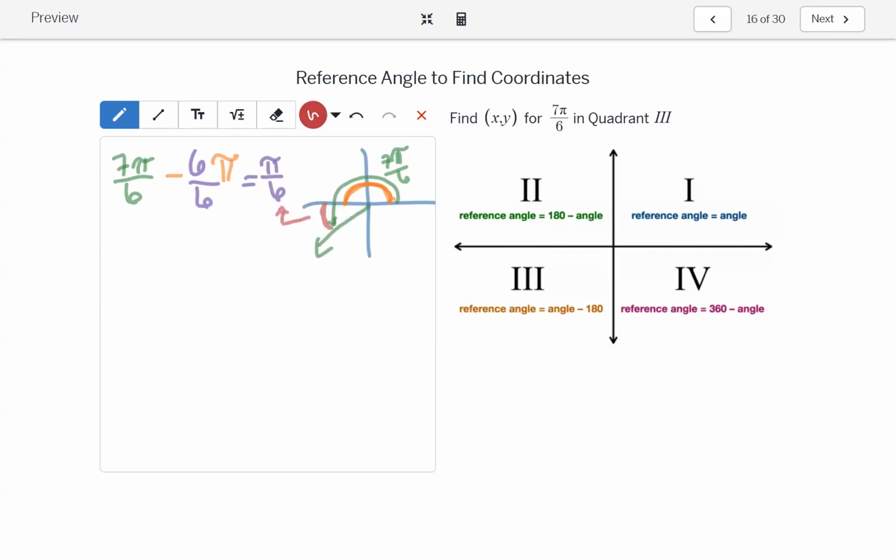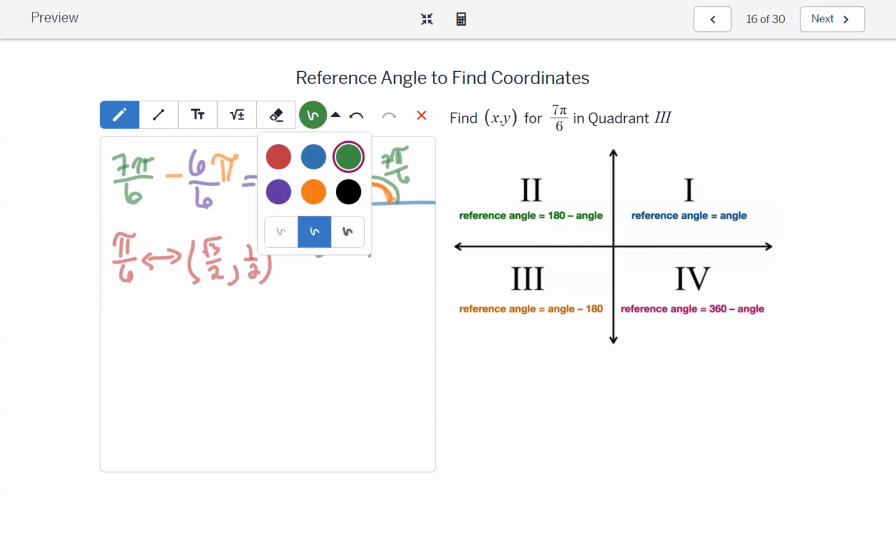Now pi over 6 on the unit circle, that's 30 degrees, has the ordered pair square root of 3 over 2 first, and then 1/2 second. So that's our ordered pair for pi over 6.